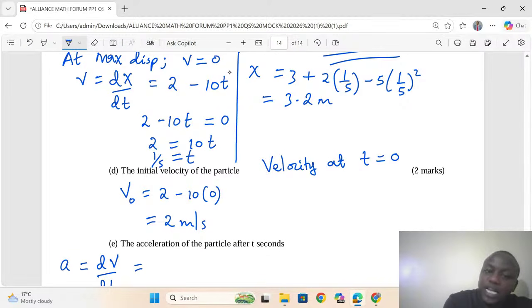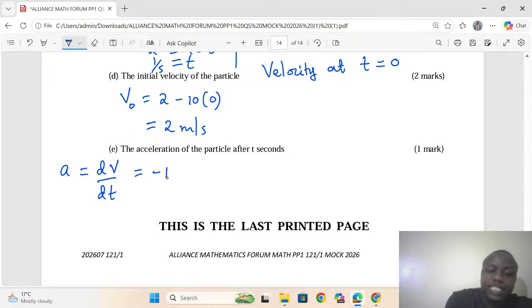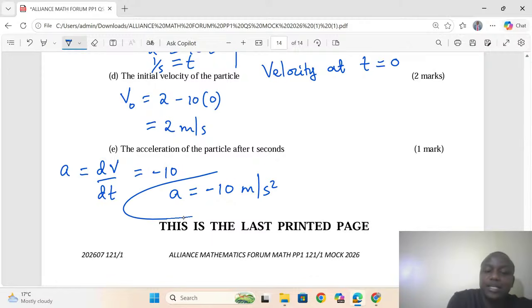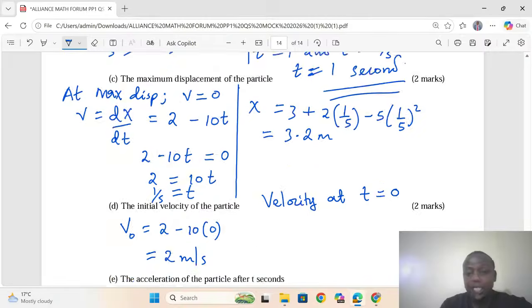Now t is to power 1, so negative 10 times 1 becomes negative 10. So acceleration after t seconds is negative 10 meters per second squared. You just differentiate the velocity function and we get a constant.